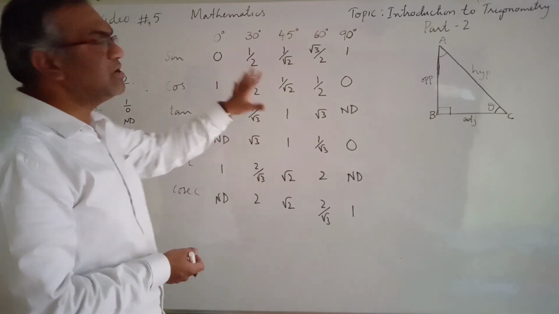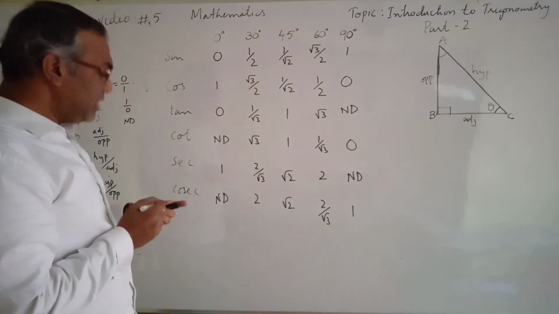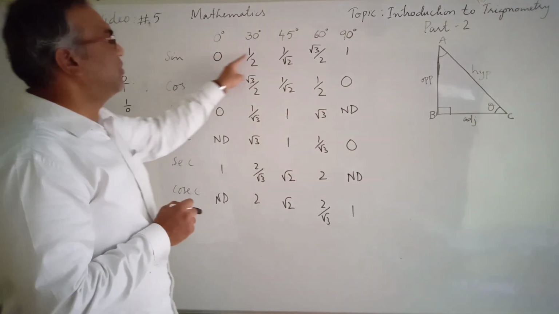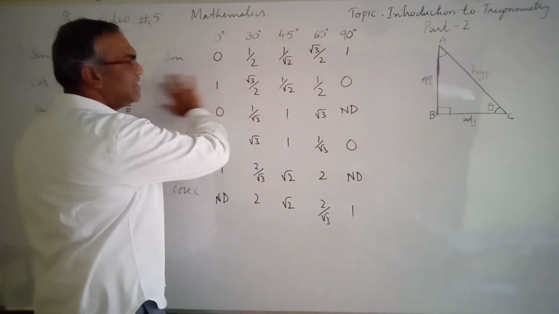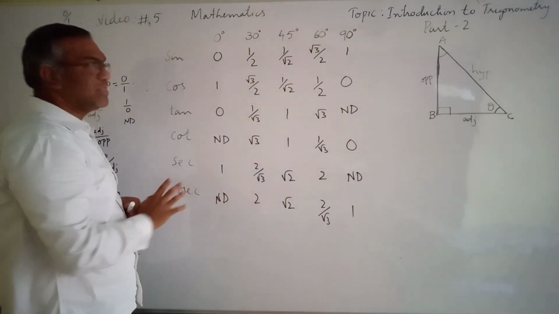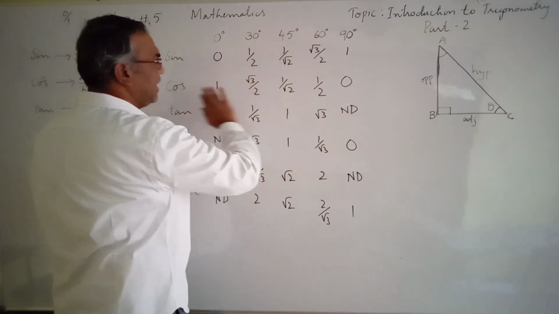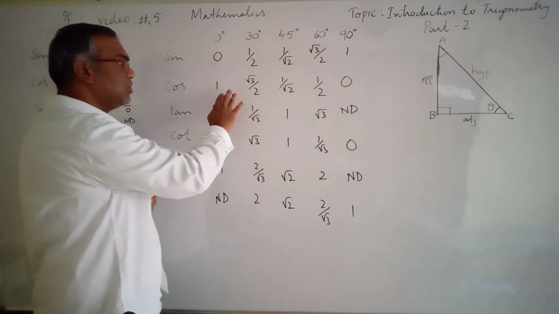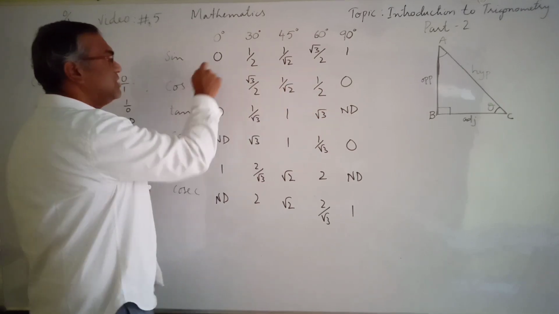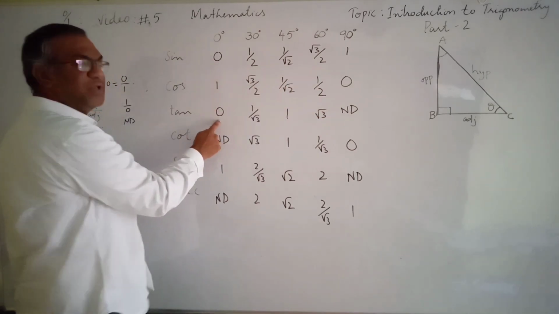Now see, I completed the table. Only one line is important. If you remember this line, you can easily complete the table. You just write the values of sine in reverse order, so they will be the values of cos. Then sine divided by cos will give you tan.